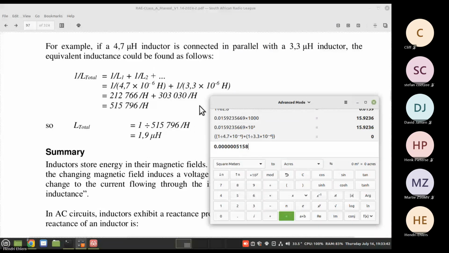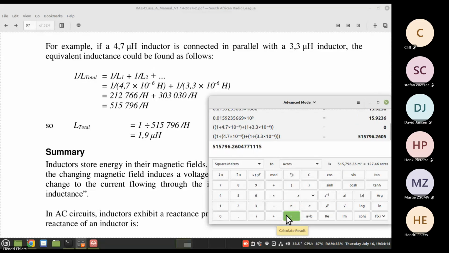Now, I don't know why this just doesn't look right. That looks better.